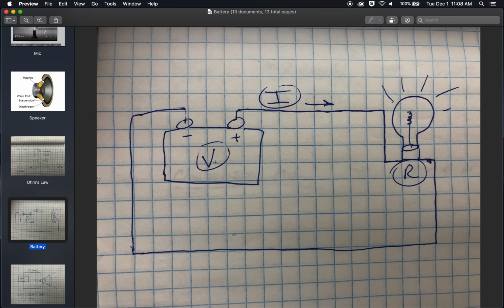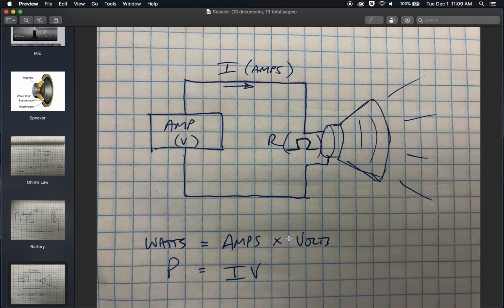So if this is, say, a 9-volt battery, this side of the circuit would be 9 volts. All 9 volts drop across this light bulb, and then we have 0 volts coming back in here. And then the current continues through the battery, and we get 9 volts coming out here over and over and over. Same thing with a speaker and an amplifier.